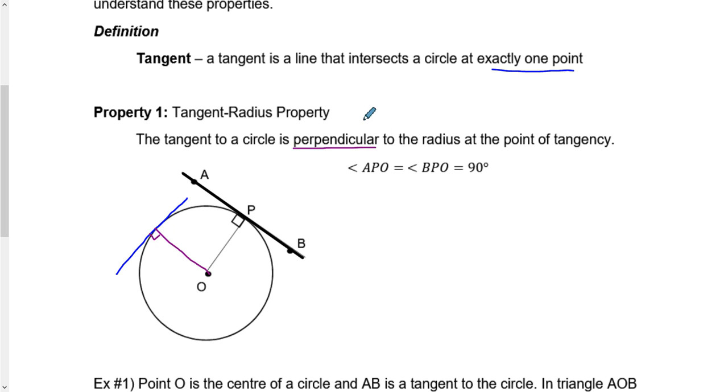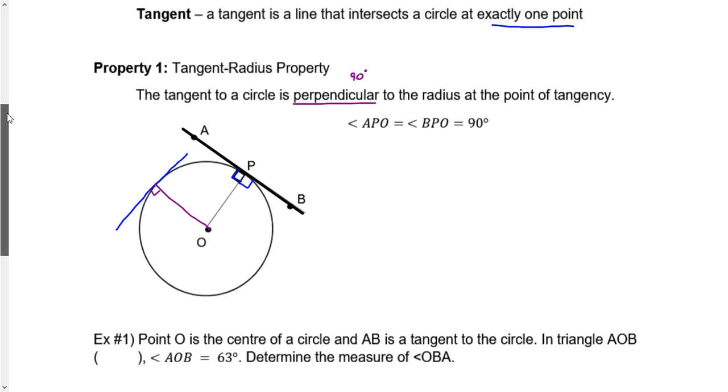Perpendicular means right angle, so 90 degrees. In the specific example here, angle APO is also equal to angle BPO, which equals 90 degrees. That's the first property. It's pretty nice and simple to start understanding.